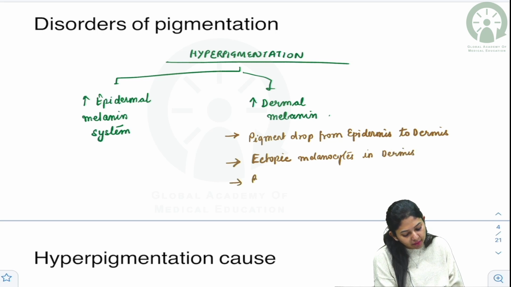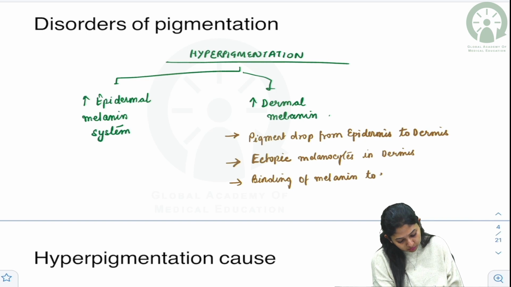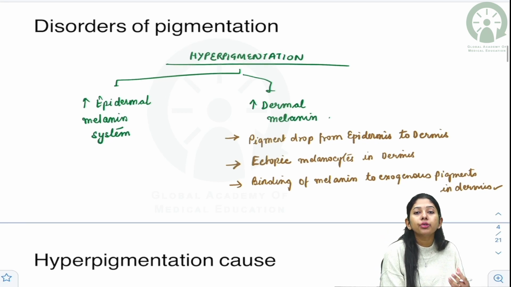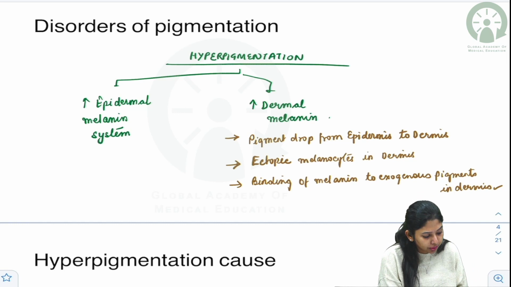And you can have melanin binding to exogenous pigments. Right? So this is how we are going to get a hyperpigmentary disorder.